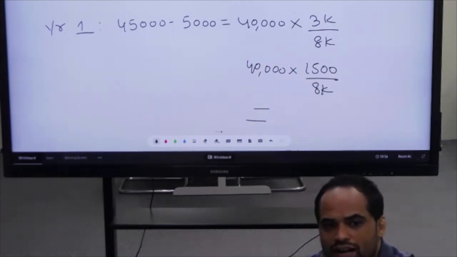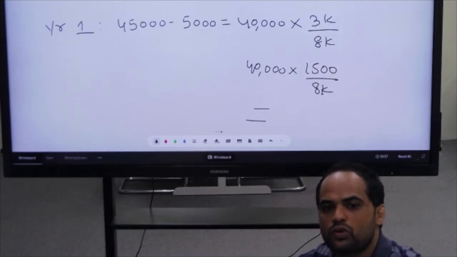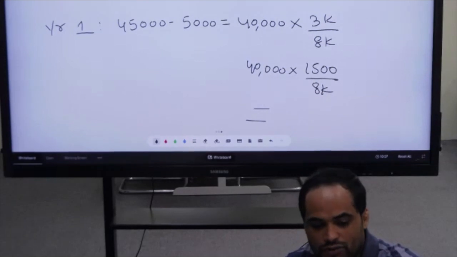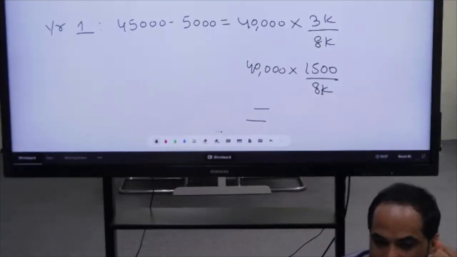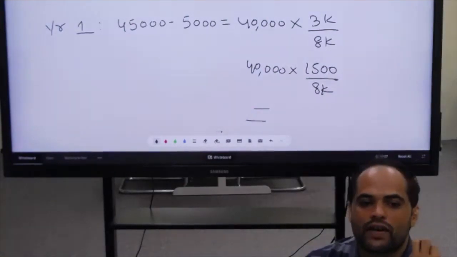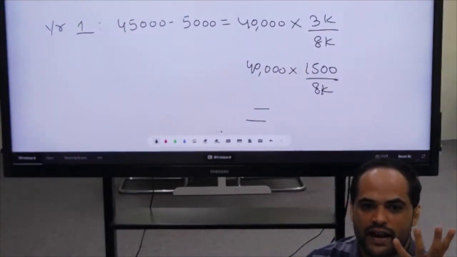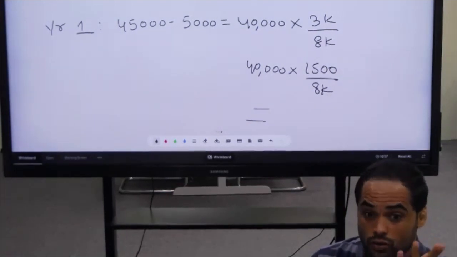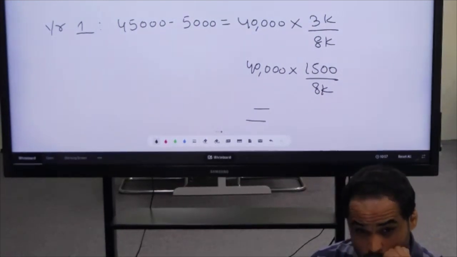Yes, you don't have to add them all. Machine value will not be zero. Machine value will be 5,000. That's why we subtract 5,000 as a residual value. The meaning of residual value is the leftover value, the value left at the end after 8,000 hours, or after 4 years.